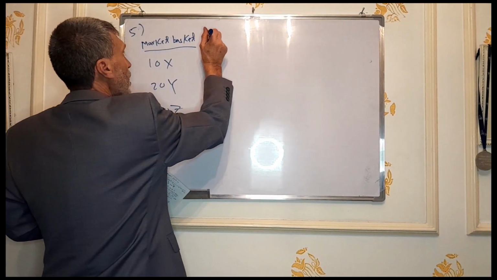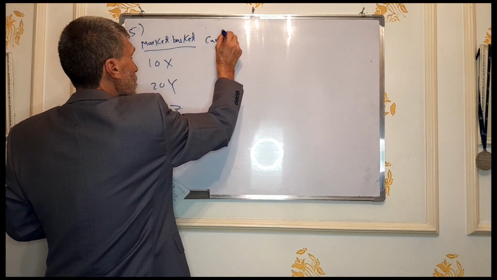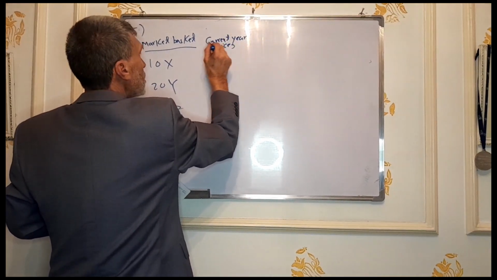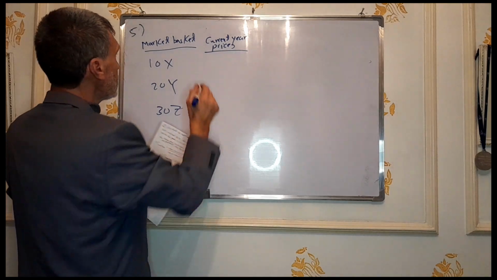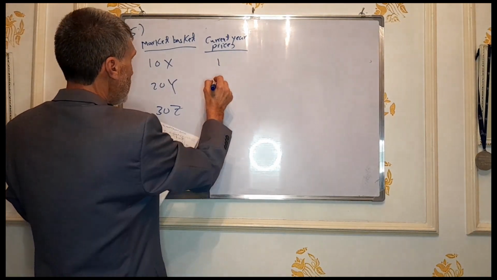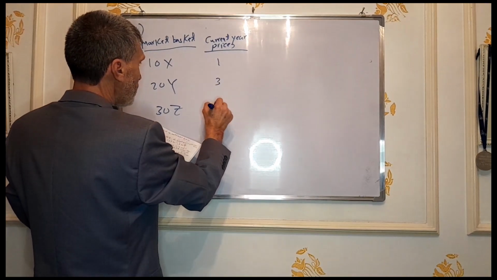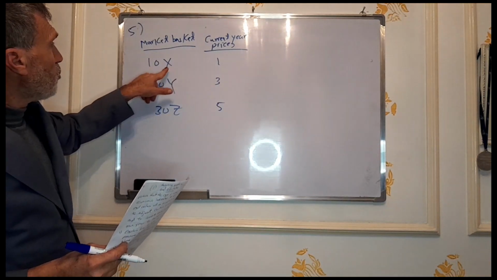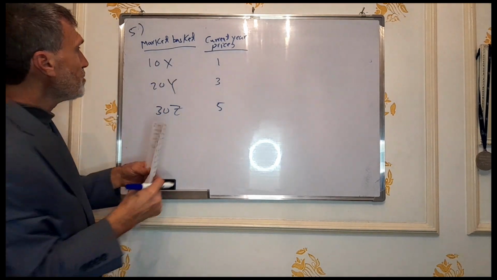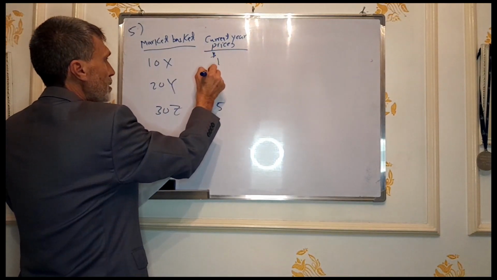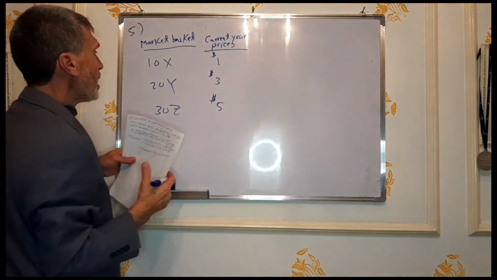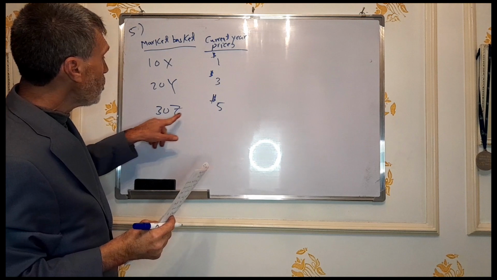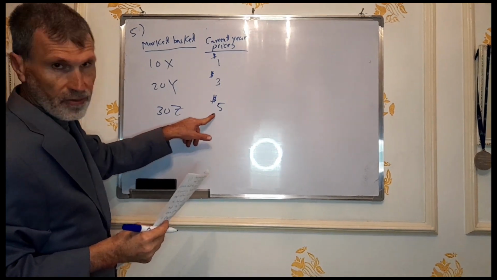Now current year prices, we said, are 1, 3, and 5. So the price of one item of X is $1, the price of one item of Y is $3, and the price of one item of Z is $5.